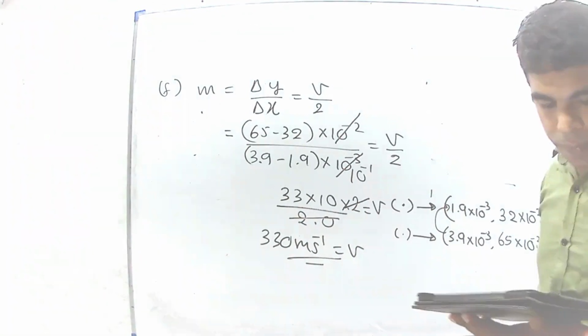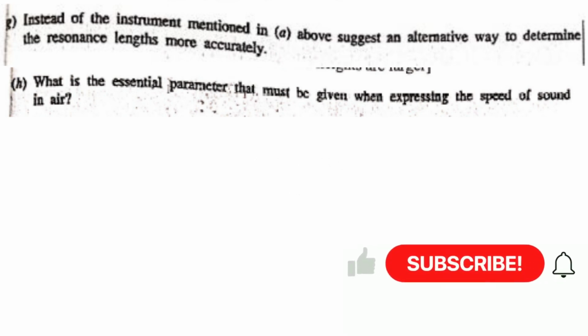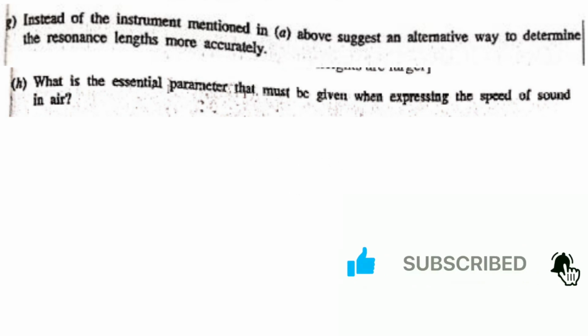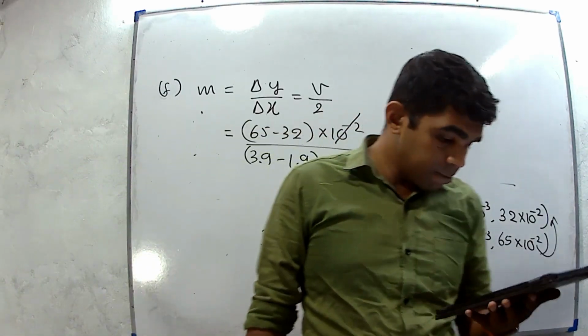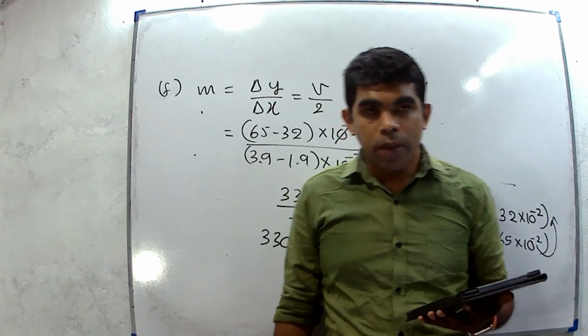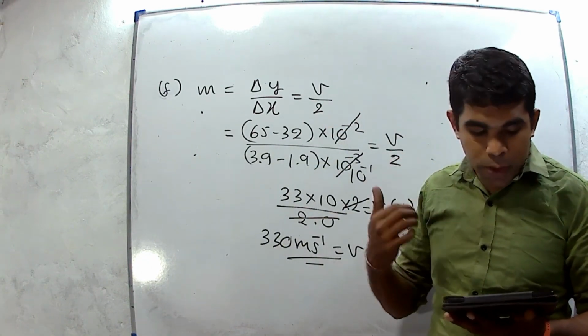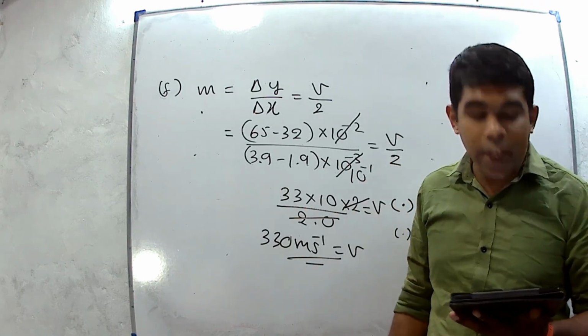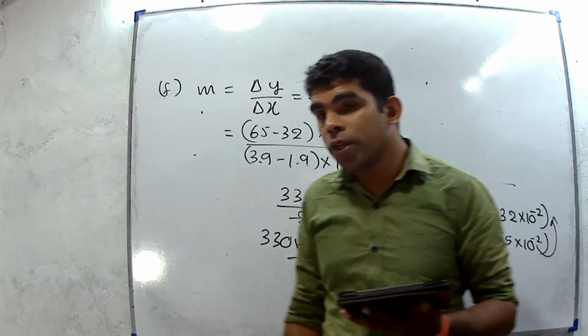Then part G. Instead of the instrument mentioned in part A above, suggest an alternate way to determine the resonance length more accurately. In part A, we have written meter ruler. Now they have asked for an alternate method to get the resonance length. It means we can't use the meter ruler.